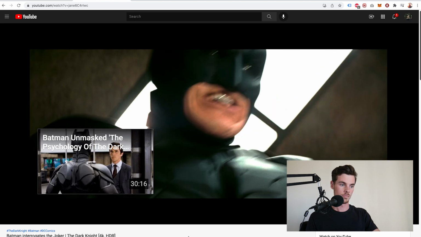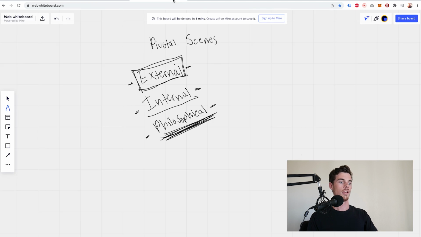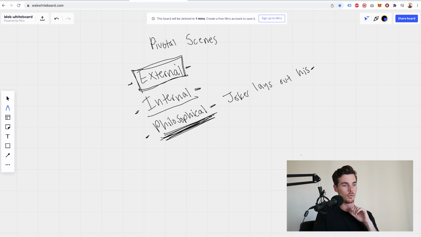Okay. So if we think about what just happened in this scene, Joker lays out his philosophy. He lays out his views in this scene to Batman, right? He's explaining why he's doing all of this, what the point of this is. Then he has Rachel. So he's kidnapped Rachel.